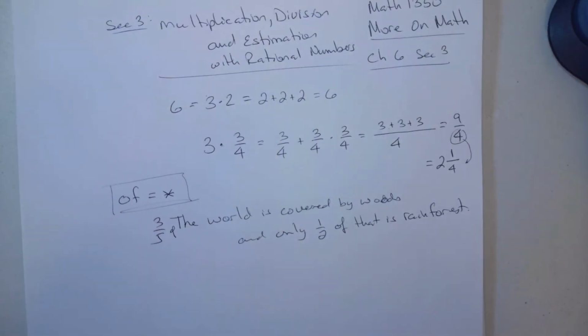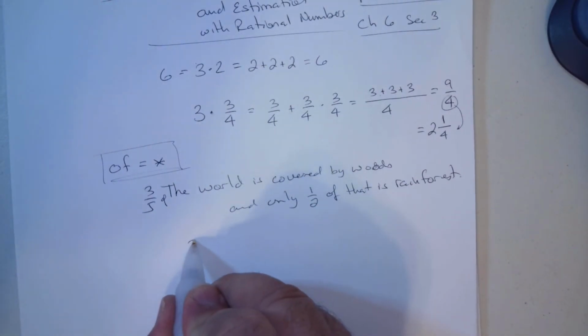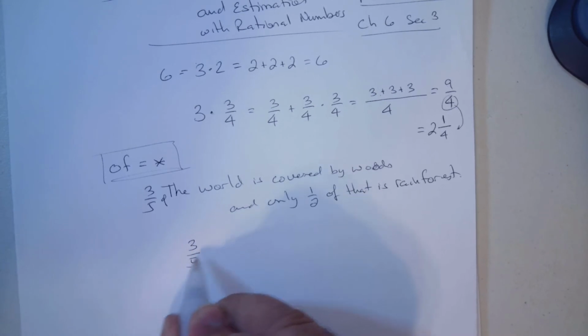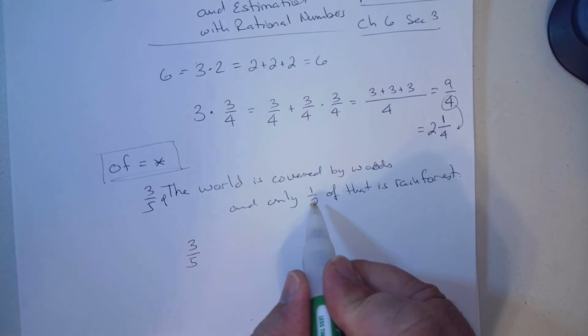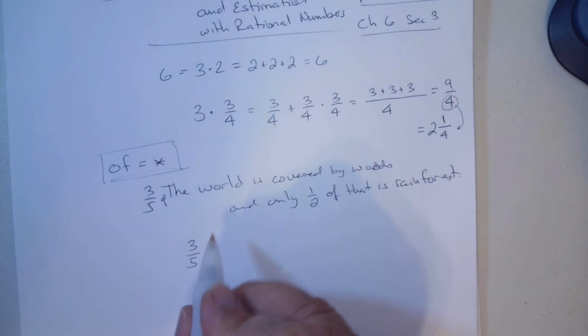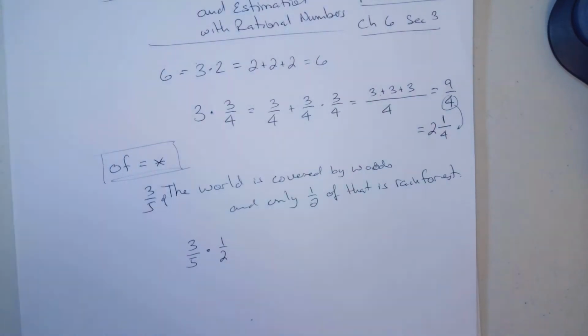So how much of the world is rainforest? Since we know 3/5 of the world is woods, and of that, 1/2 is rainforest. So 1/2 of the woods is rainforest.